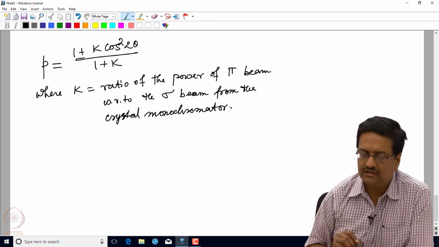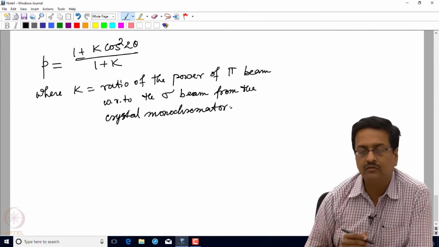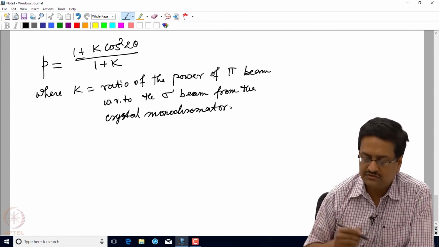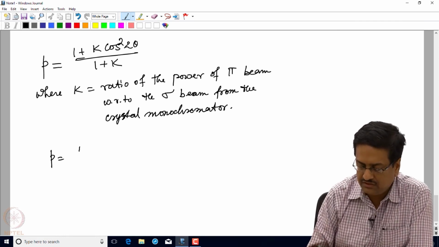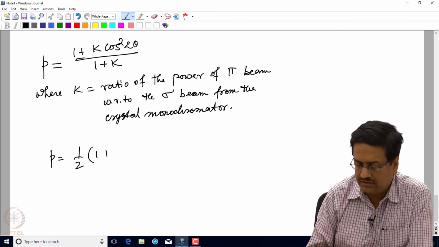When crystal monochromator is not used, we write k equal to 1, so it becomes equal to P equal to half of 1 plus cos square 2 theta.